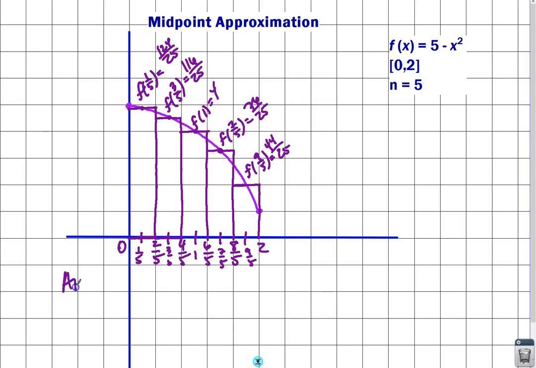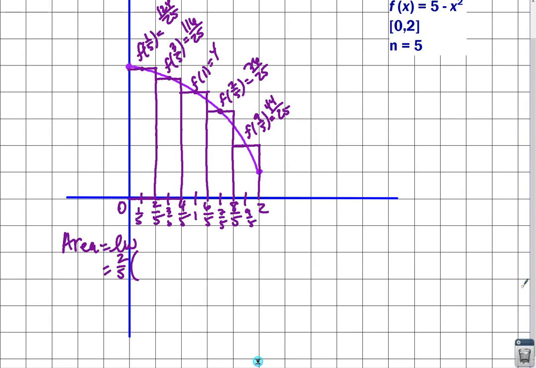Okay, so to find my area, I'm going to add all these rectangles together. So area is still length times width. So 2/5, because even though I'm evaluating at a different spot than I did before, the width of every rectangle is still 2/5. Okay, so now I've got 2/5 times 124/25, plus 116/25, 4, 76/25, and 44/25.